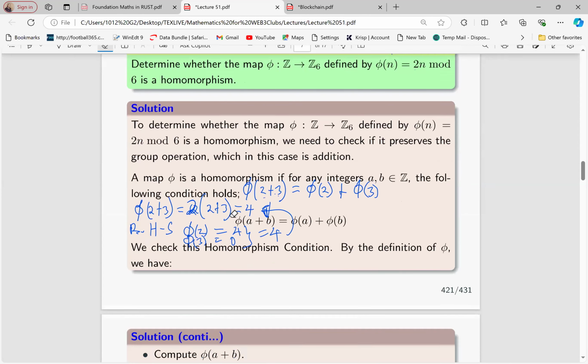Supposing you have two groups and you are doing some operation on elements of one group to come up with elements of another group, then the operation must be preserved.